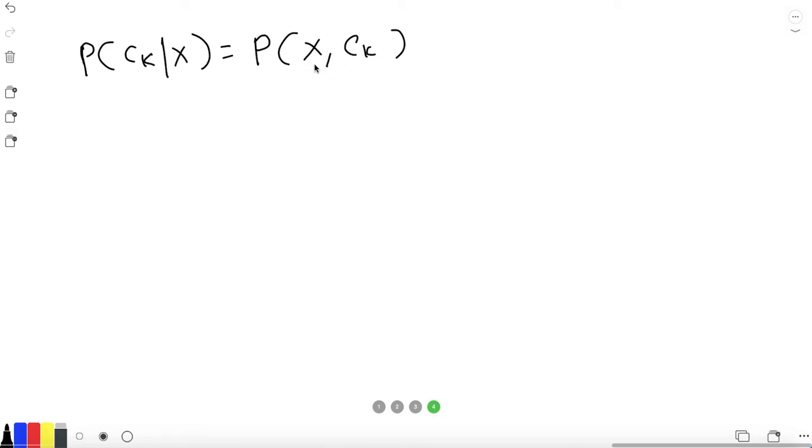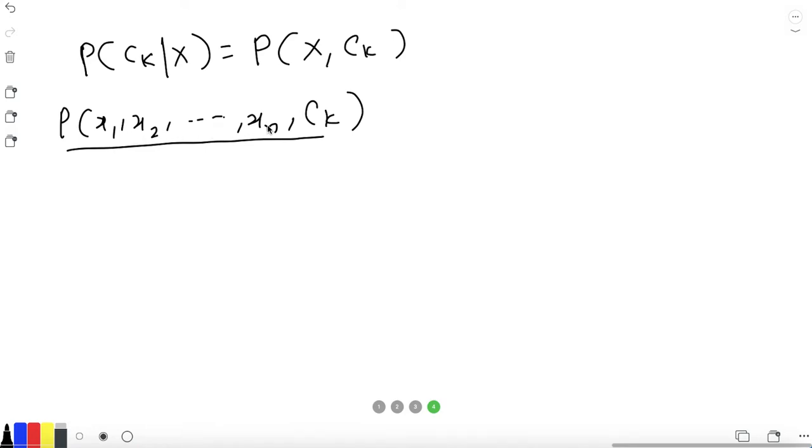Now if I write this x as x1 comma x2 comma x3 up to xn, comma ck, we want to find this probability. Now by using conditional probability, if I assume this as my A and this as my B, this is nothing but probability of A intersection B, where the comma is the intersection operator.